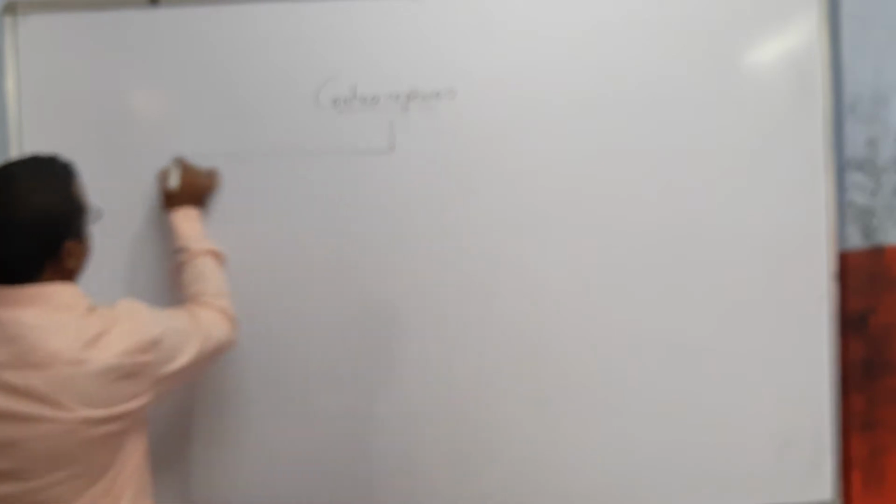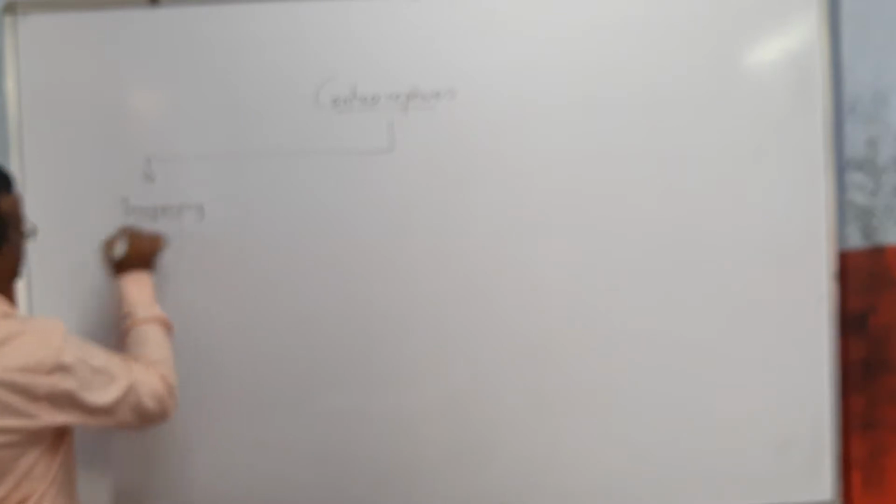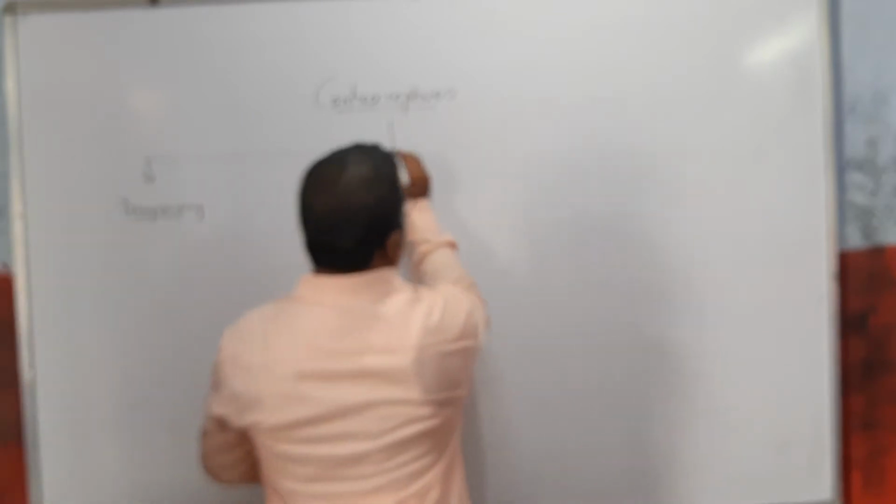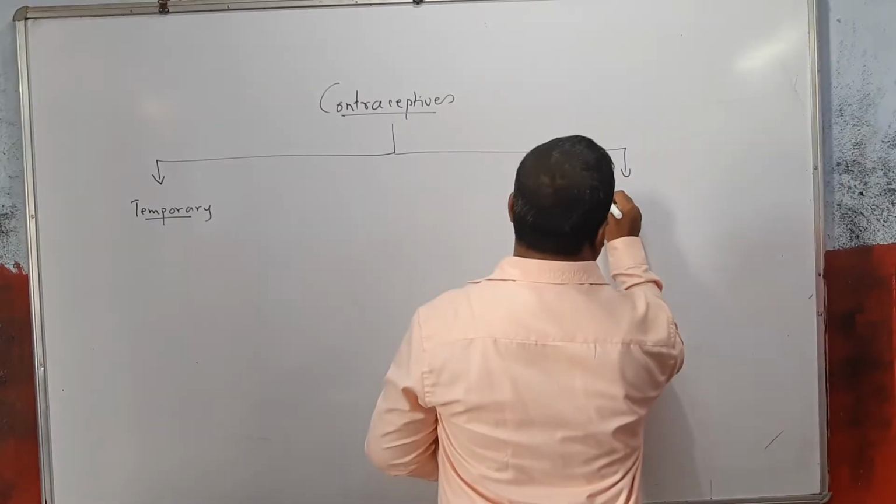So students, the contraceptives are basically divided into these two categories. One is temporary and another one is permanent.